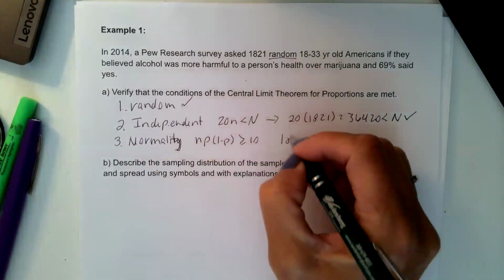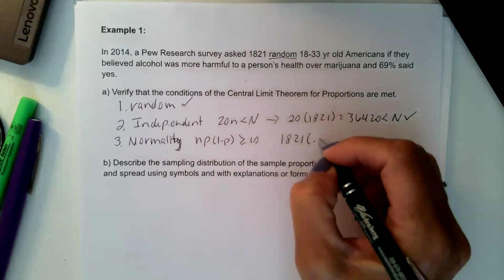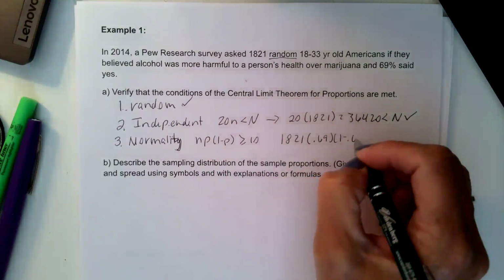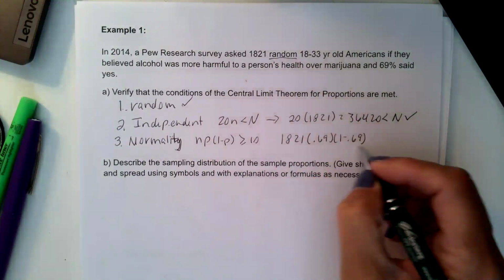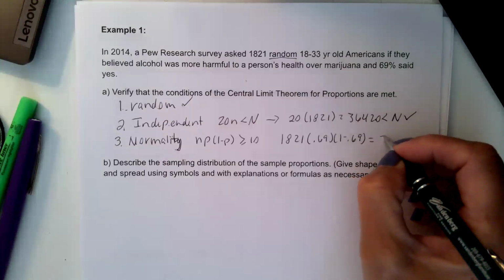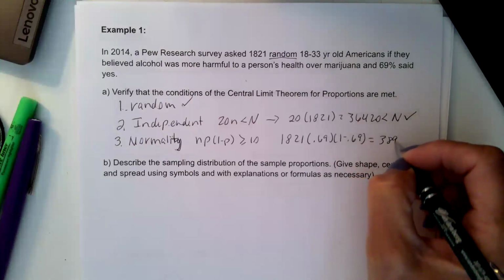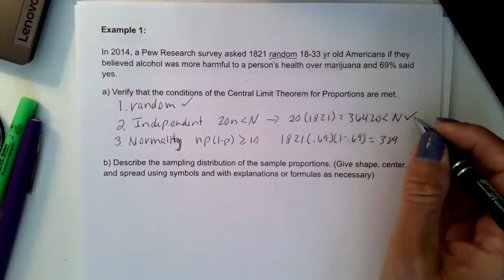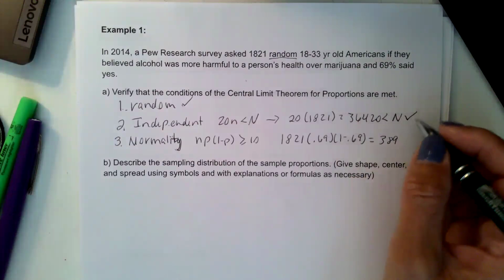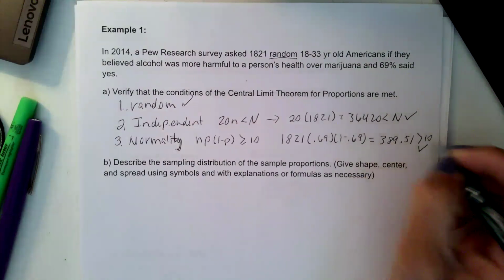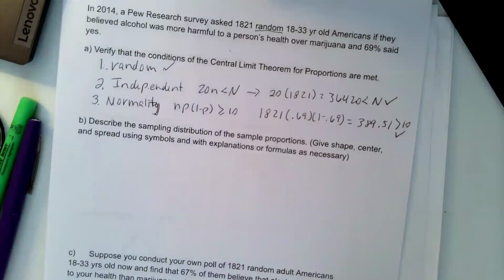So that means 1,821 times 0.69 times 1 minus 0.69, or 0.31, is equal to 389.51, and so that is bigger than 10. So we have met all three conditions.